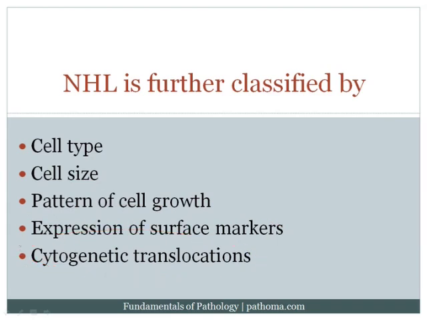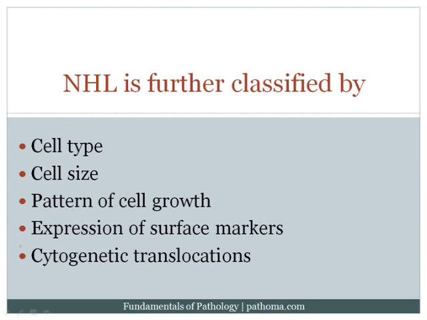Now, classically, when you think about non-Hodgkin's lymphoma, there have been multiple classification schemes, and I don't want to go into the nitty-gritty details, but I think about non-Hodgkin's lymphoma in a rather simplistic manner. It's probably not the most accurate way if you were a hematopathologist or a hematologist, but I do think that it is an easy way to understand a very difficult concept.